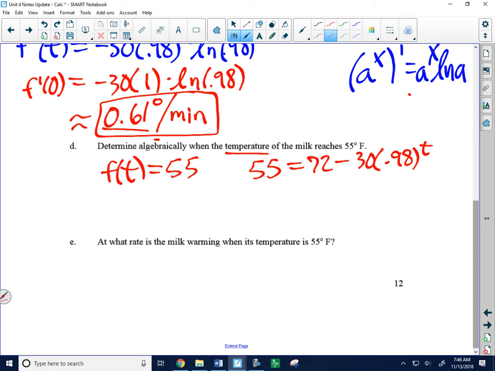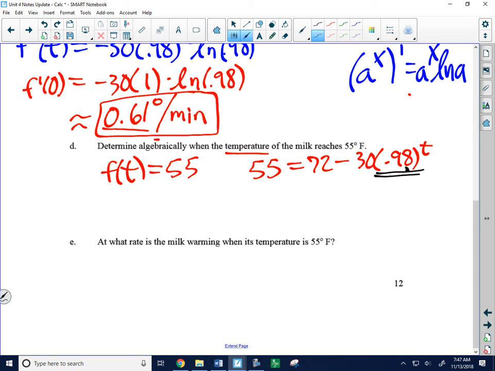It's been a while. Maybe if we haven't done these this year, you did them last year, but solving an exponential equation will involve some logs in a minute. Here's a review. Isolate the exponential term.